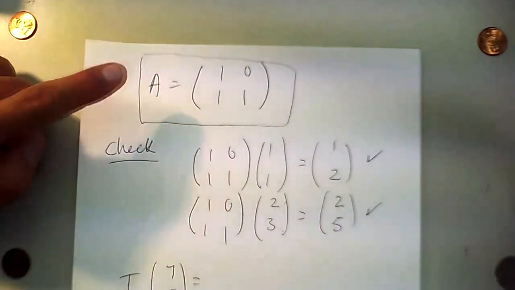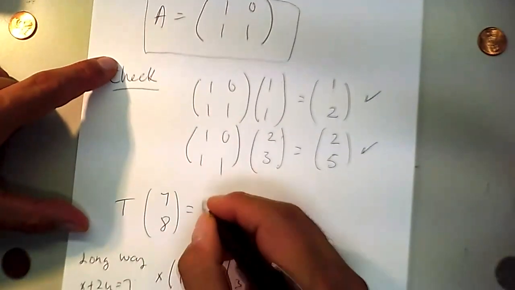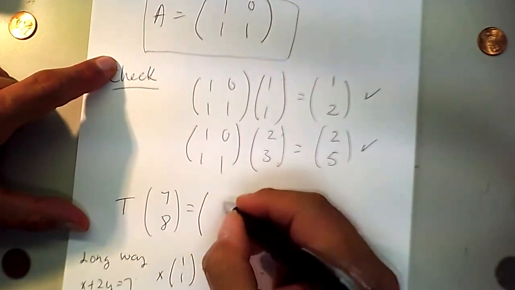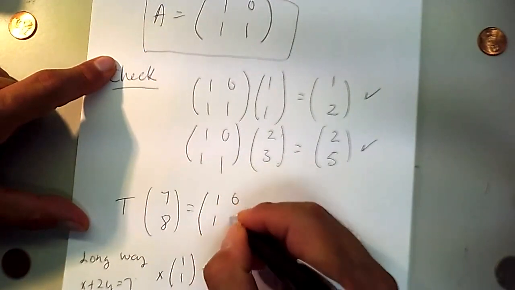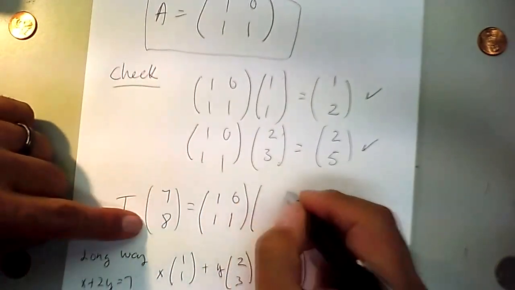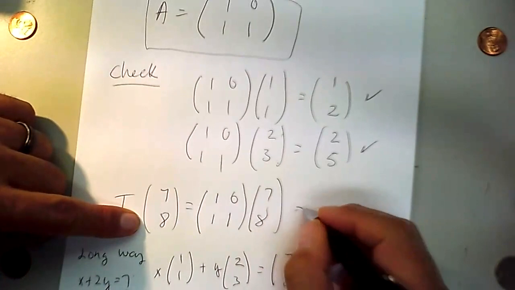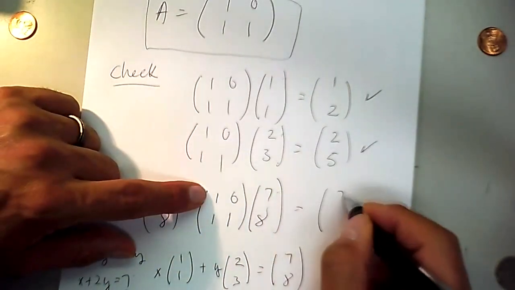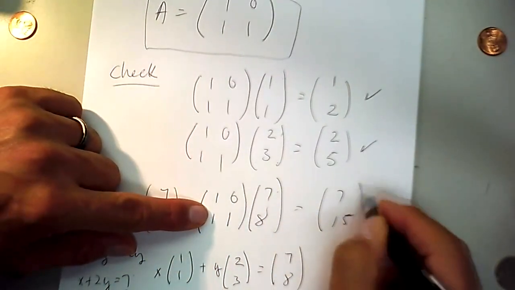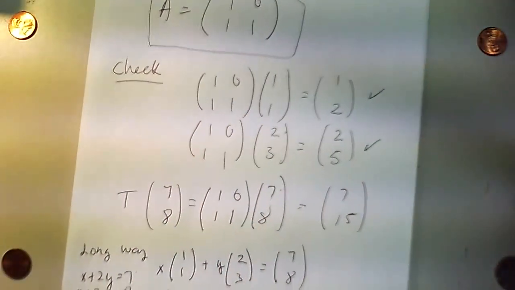Or the short way: once we have this matrix, then we can mass produce outputs. Just multiply [1 0; 1 1] by (7, 8), and that's it. You get (7, 15). Voila. It gets done in one shot.